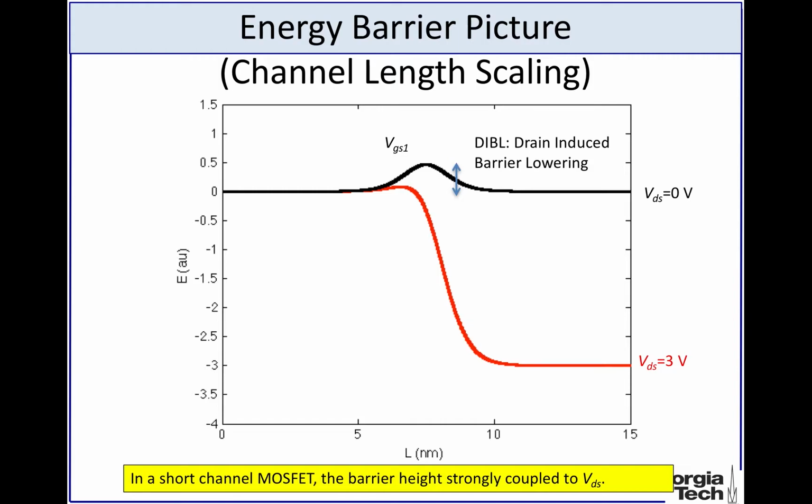Based on the energy barrier picture, this happens because the barrier for the electrons or the minority carriers to flow between source and drain is independent of drain voltage for a long channel transistor. But for a short channel transistor, this barrier height becomes dependent on the drain voltage, and as a result the subthreshold current increases as you increase the drain voltage.